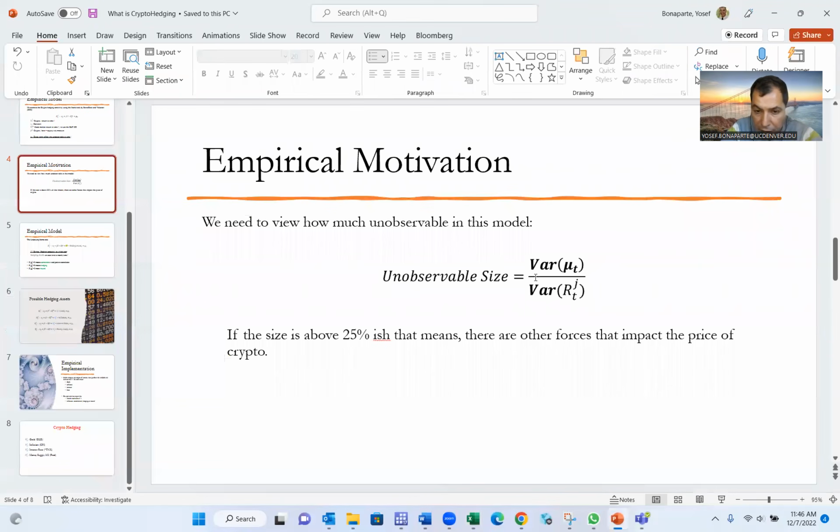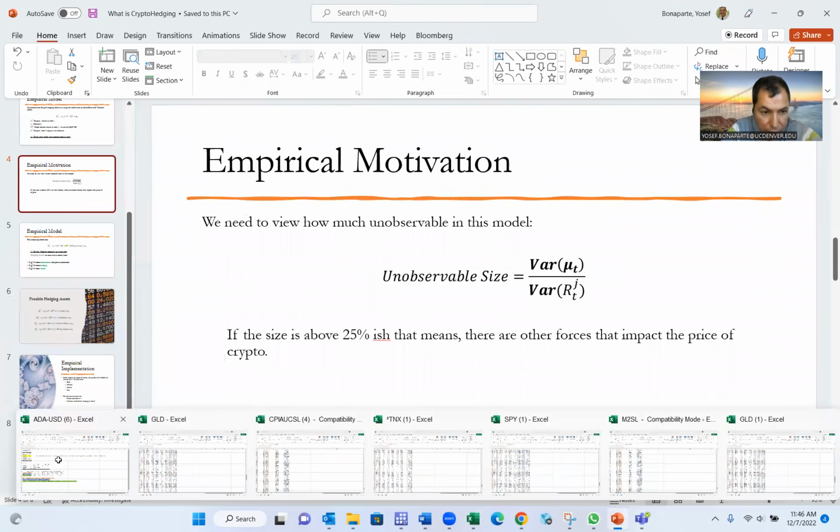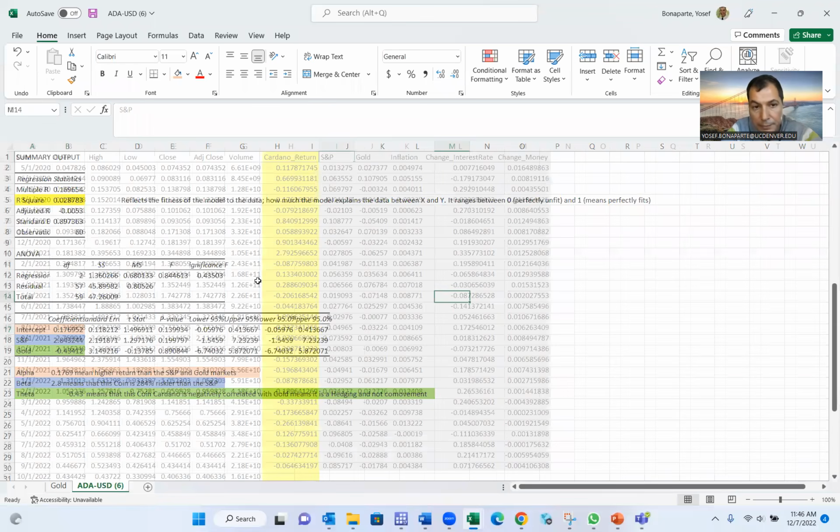is very high: the variance of the error term divided by the variance of R_t. I'm going to do it to show you how big this quantity is. You don't have to do it, but it's interesting to do.